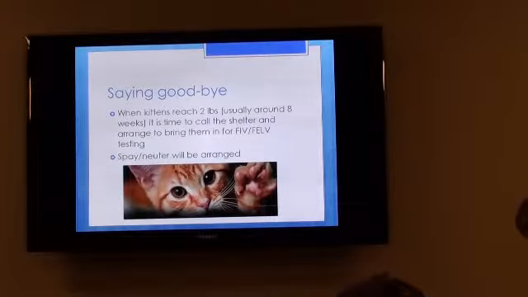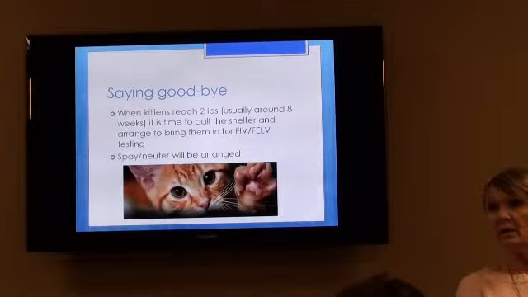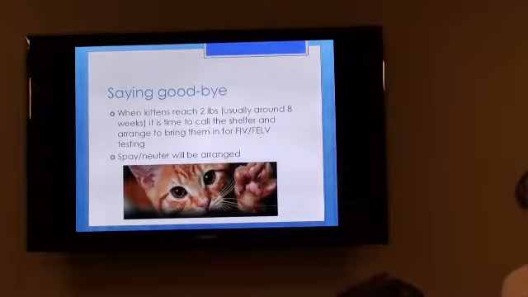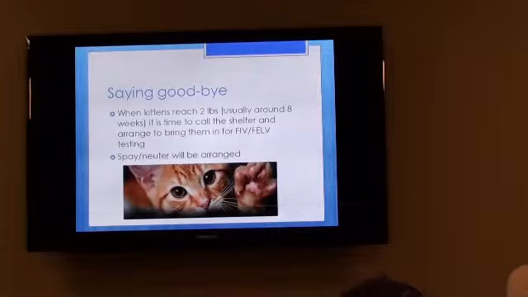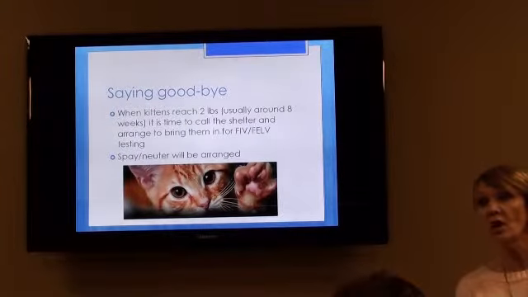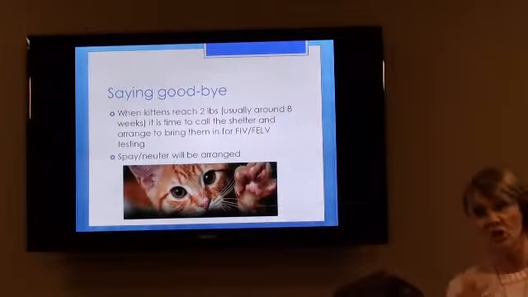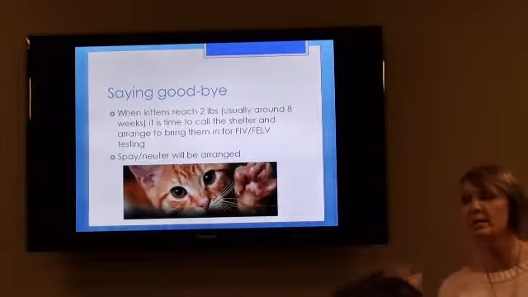Another thing we're putting in new this year is that before you bring the kittens back to the shelter to be adopted, we're going to ask you to get a fecal sample. Not on every kitten, just one out of the litter box, and you'll be given a little container to bring it into the shelter so we can run a fecal test, to ensure we're not bringing in kittens with Giardia or something that could spread to other kittens.